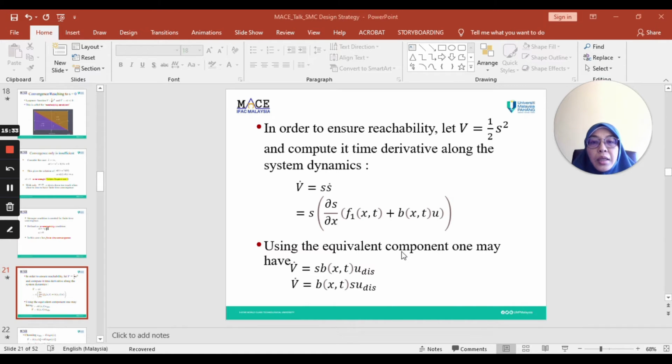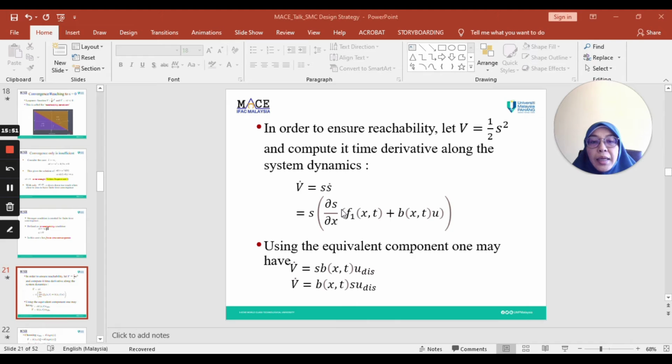In order to ensure the reachability, as I mentioned earlier, we set our Lyapunov function as half S squared, and when we compute its derivative, we will get this.